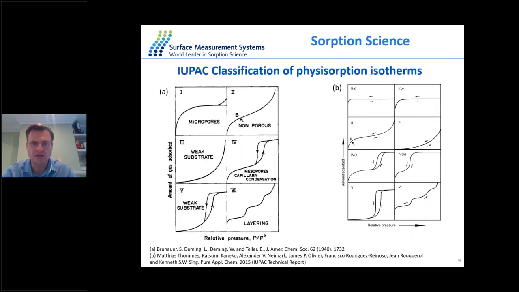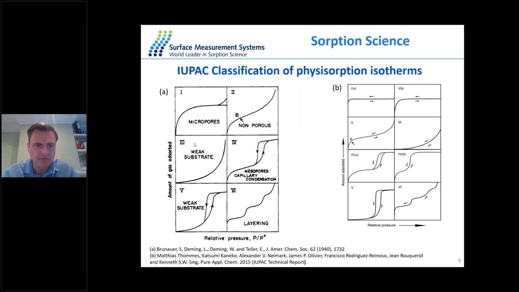The adsorption isotherms can be grouped by the IUPAC classification into six main groups. You can have ones for macroporous, non-porous, and weak substrate, mesoporous, and layering. There was also a new grouping released recently by Matthias Thomas and co-workers, which goes into more detail and explains different interactions of these vapors or gas molecules with the solids.